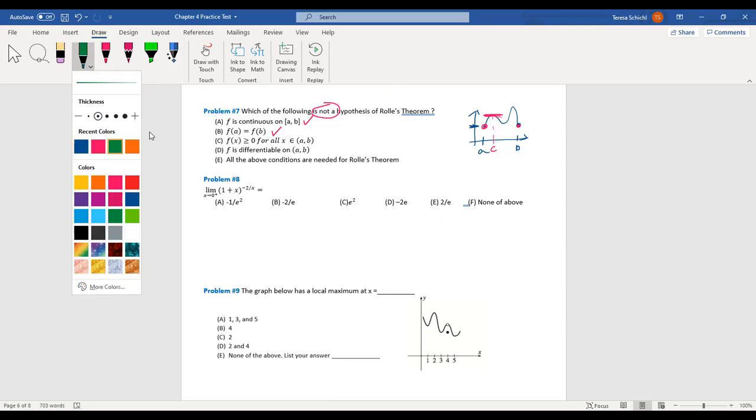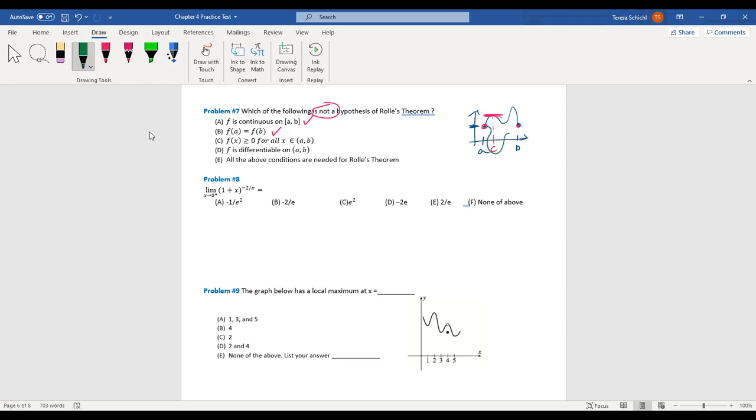You can have a graph that goes up and down, up and down, like that, so it doesn't have to be all greater than 0. So this is not a condition. Then f is differentiable, that's true, because that means I can find the slope of the tangent line equal to 0. So C is not a required condition for Rolle's theorem here.